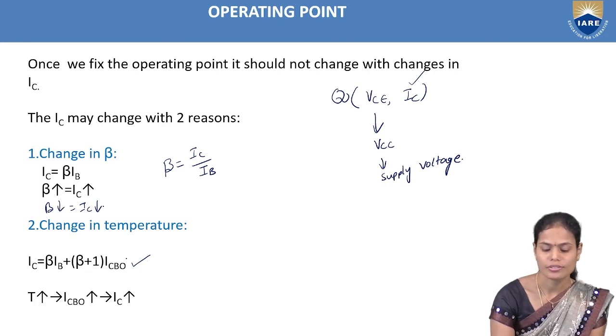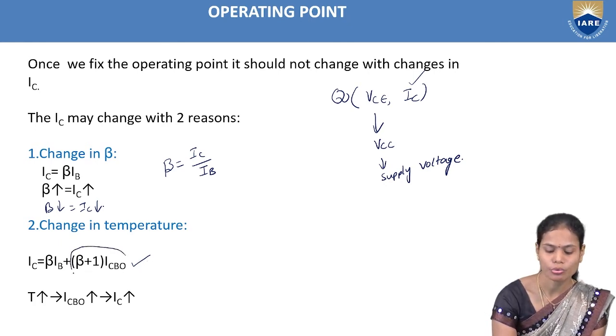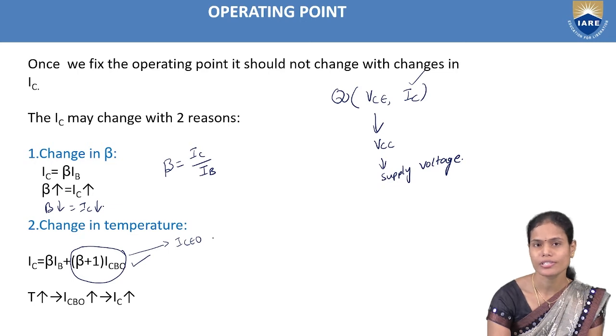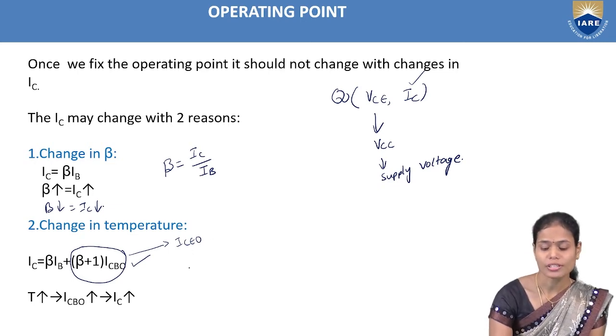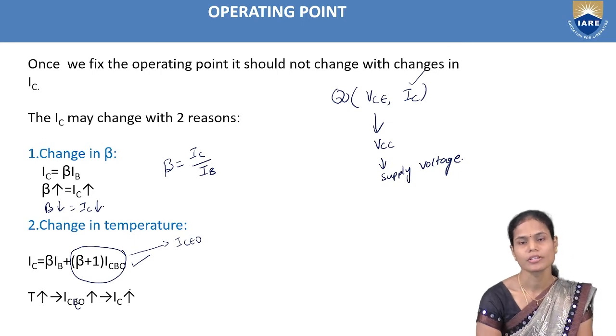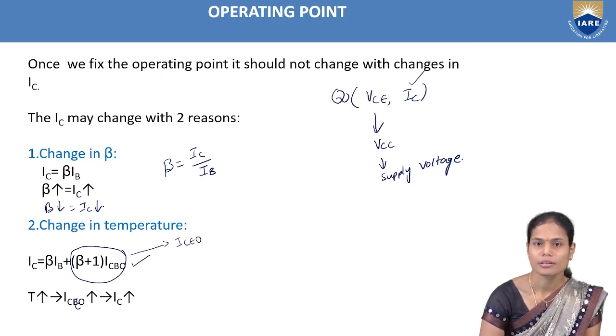In this case, beta plus 1 into ICBO indicates the ICEO, that is the leakage or reverse saturation current in the common emitter configuration. Once the temperature increases, this reverse saturation current will also increase, so the overall collector current will also increase.